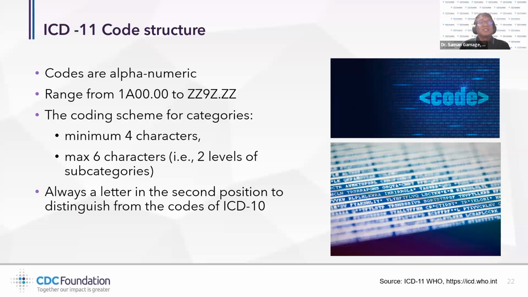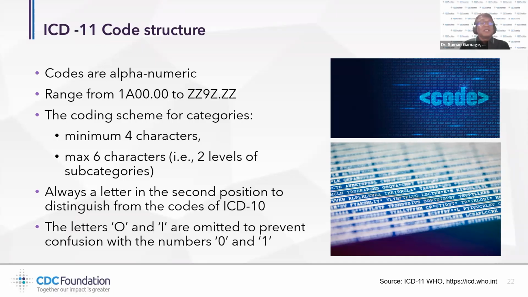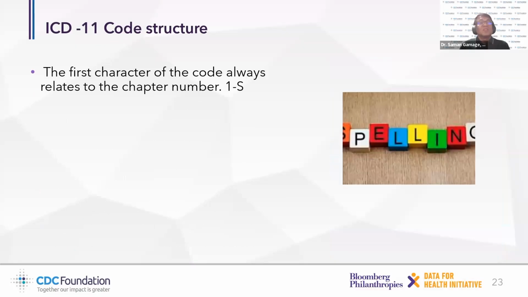There is always a letter in the second position to distinguish from the codes of ICD-10. As you know, ICD-10 codes have a letter in the first position. ICD-11 codes have a letter in the second position. As I told you before, the letters O and I are omitted to prevent confusion with the numbers 0 and 1. The first character of the code always relates to the chapter number, 1 to S.